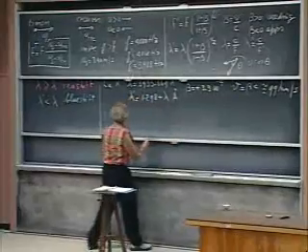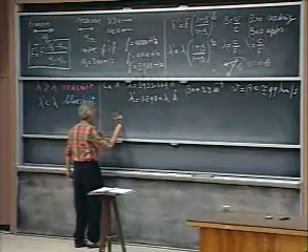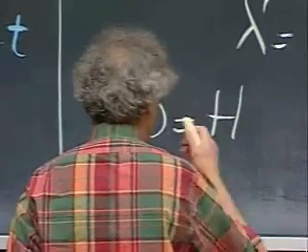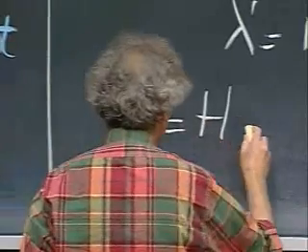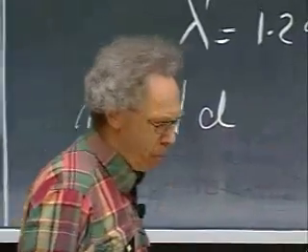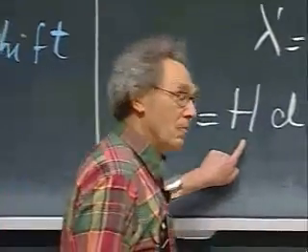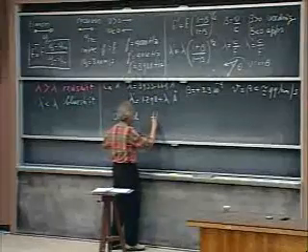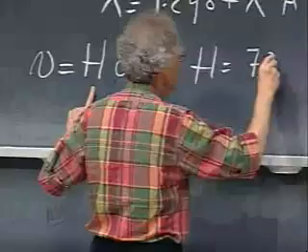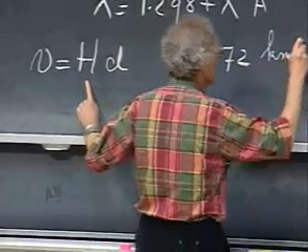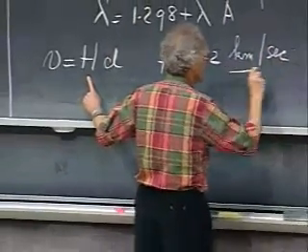Hubble's law is that the velocity is a constant, which is now named after Hubble, capital H, times d. And the modern value for H is 72 kilometers per second per megaparsec.